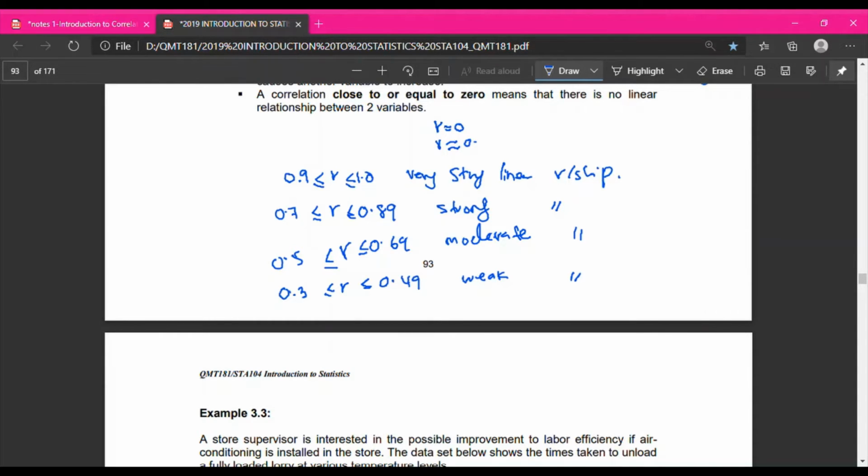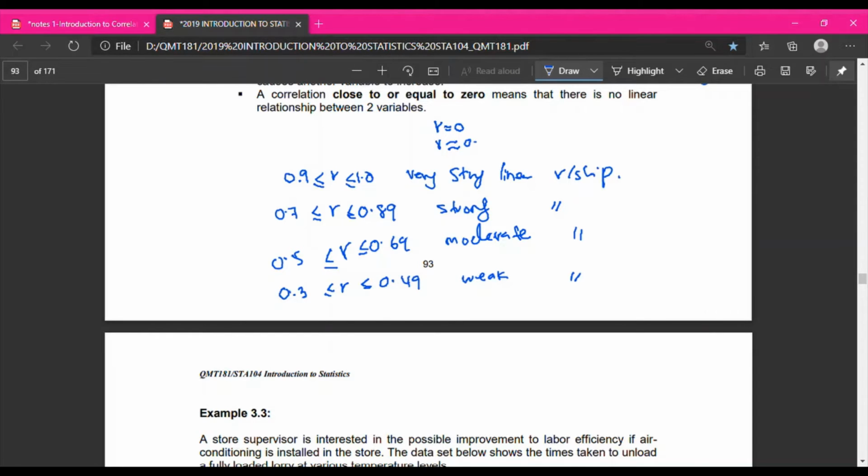If here the value is negative, it means that it is a very strong negative linear relationship. Okay. So with the value R we can look at the strength in more detail.